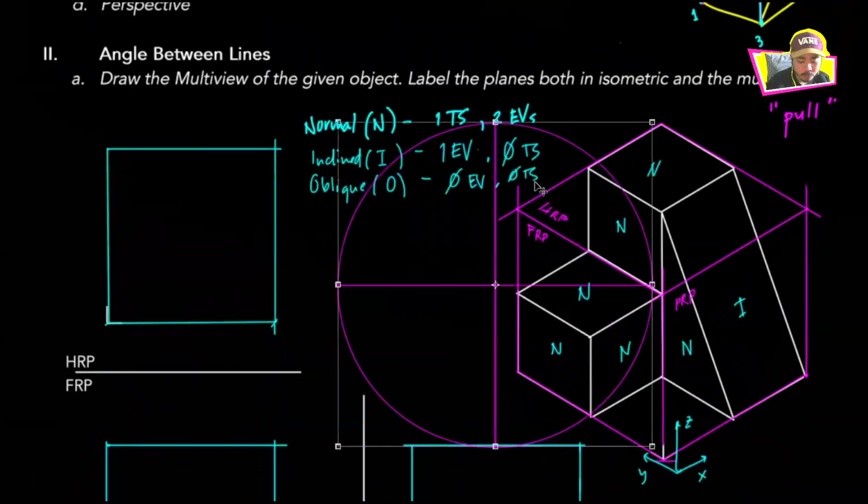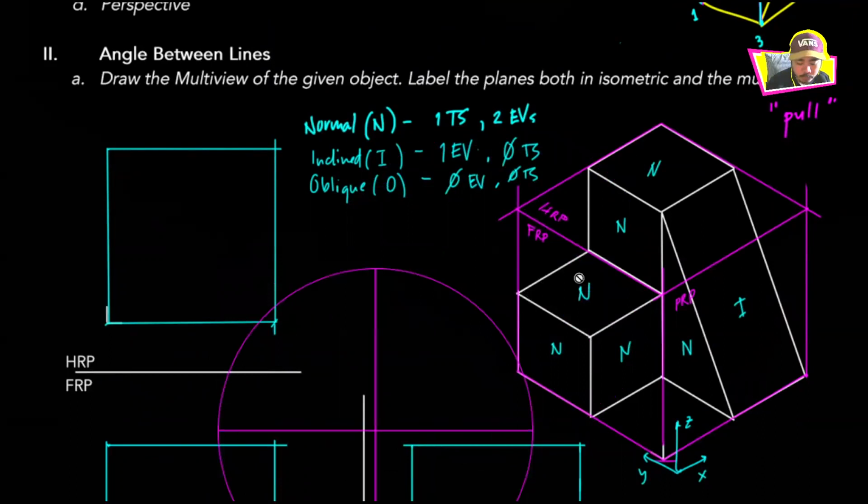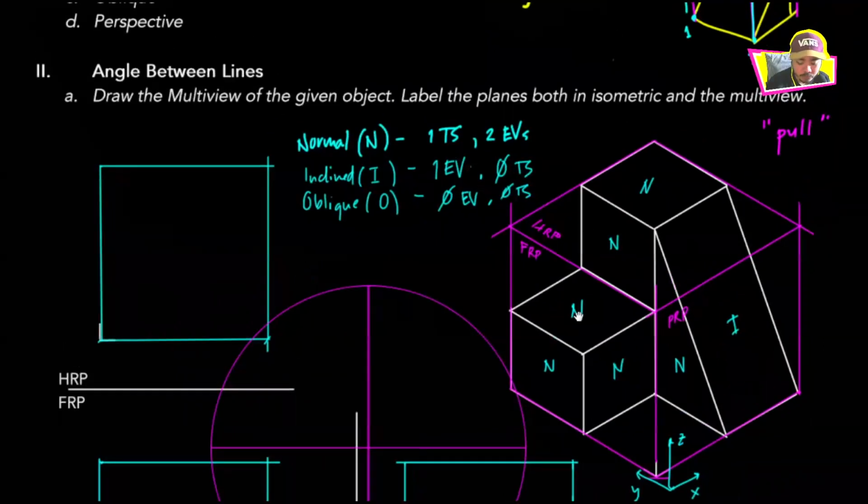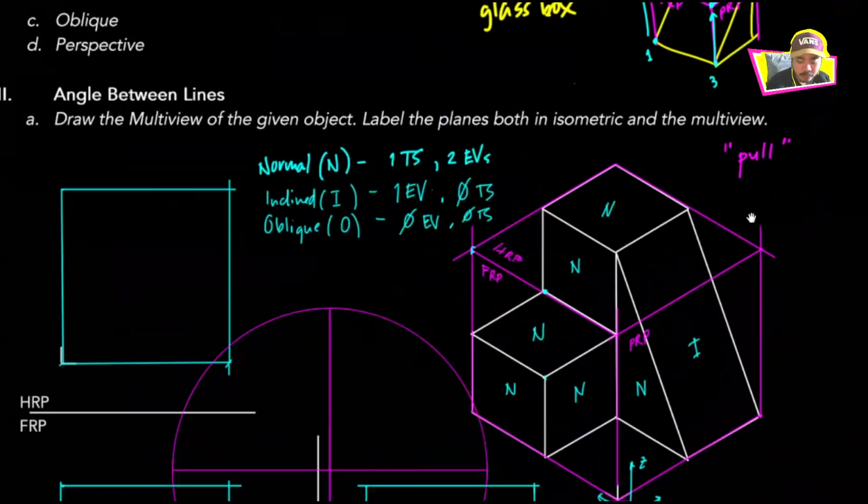So if I were to do this, if I were to pull this point right here, and you can label if it gets confusing, lalo na pagka complicated ng object. Pero for this simple object, pwedeng hindi tayo mag-label, no? So pwedeng ito, pull natin siya papunta dyan. So if we pull that, it should look like that. Tapos ito, pag pinull natin, papunta dyan. Naging ganyan siya.